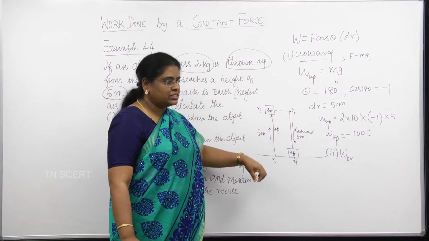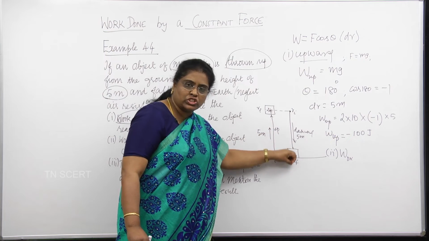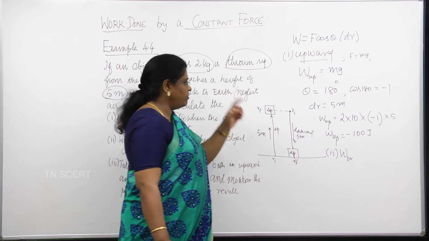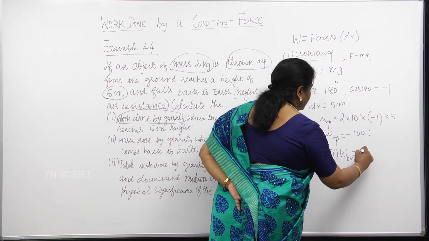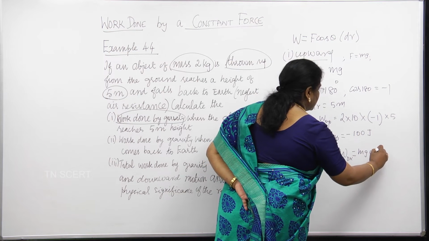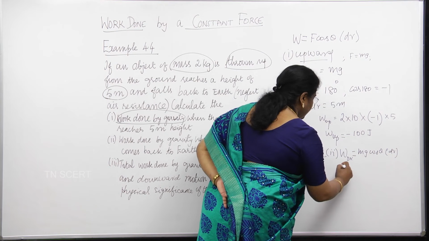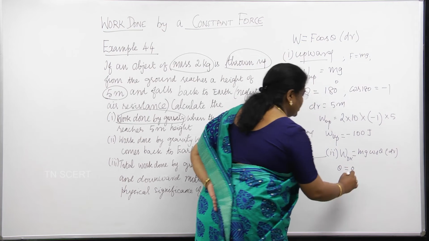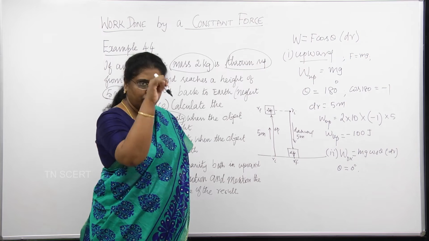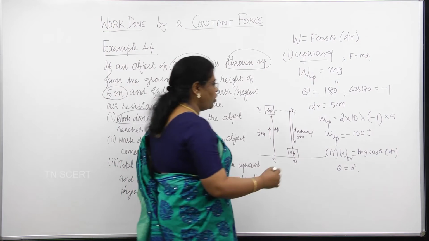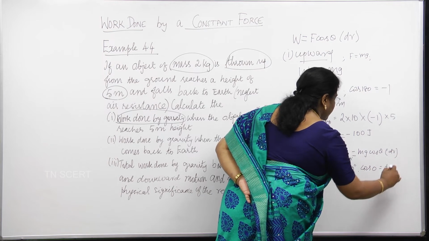In this case, the object is moving downward and the gravitational force is also downward, so the formula is the same, mg cos theta times the displacement dr, but theta is 0 degrees because force and displacement are in the same direction, and cos 0 is plus 1.